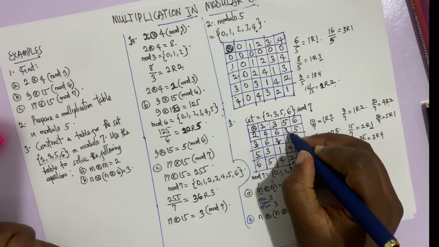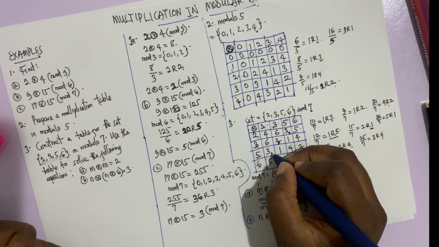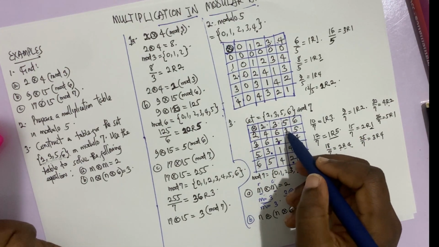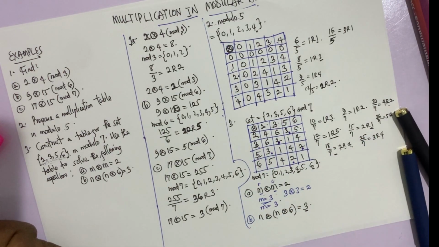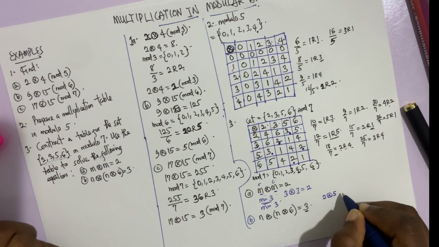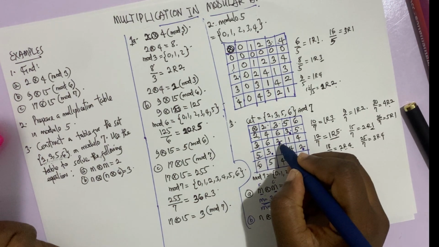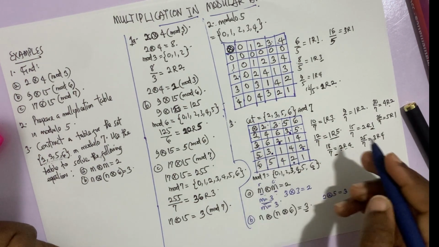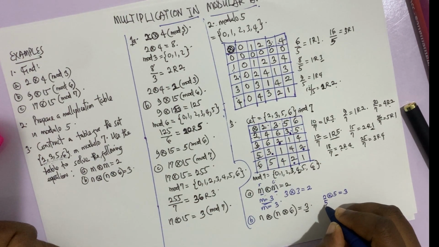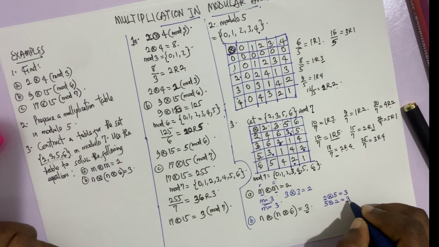The values of 3 in our table, we have this is a 3, this is another 3, just 2 values. In the first, 2 times 5 gives us 3, and in this case, 5 times 2 will give us 3.